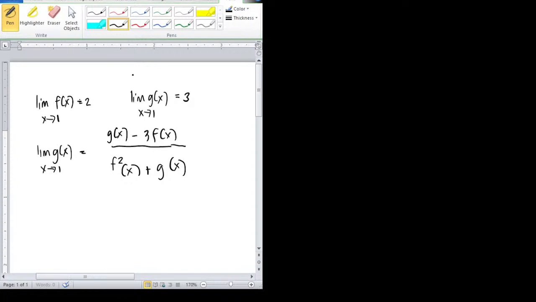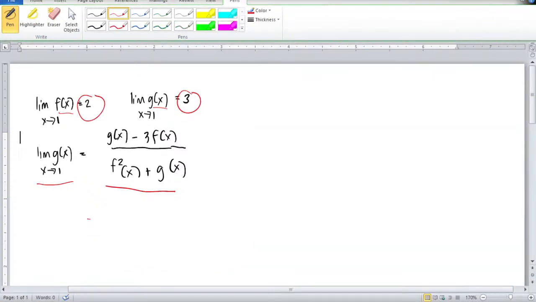Now class, like we have mentioned, we have first to evaluate before substituting here. Since we already have the values, 2 for f of x and 3 for g of x, to evaluate this quantity we will simply substitute.